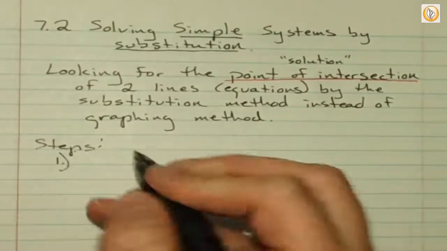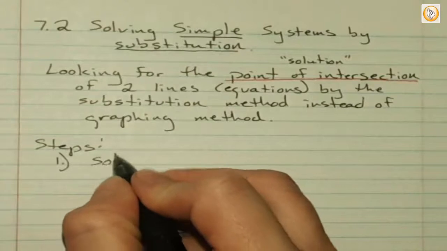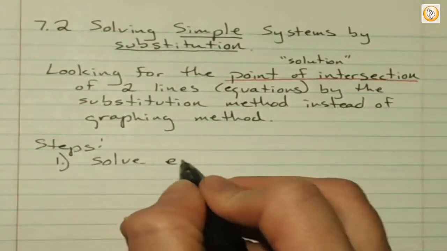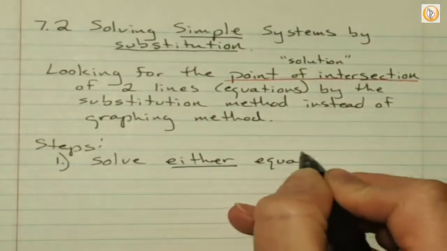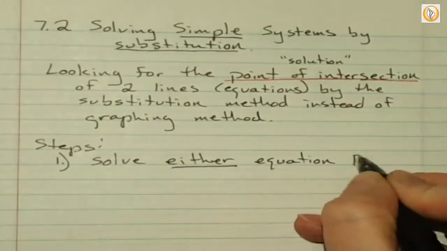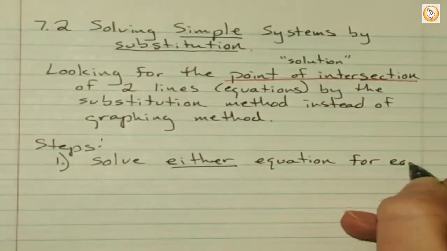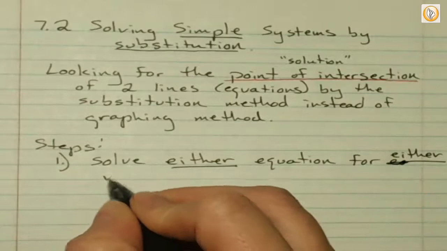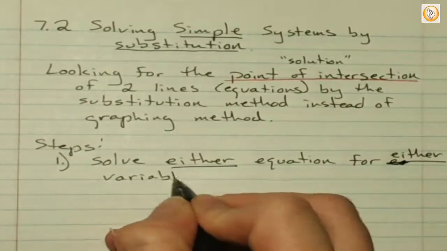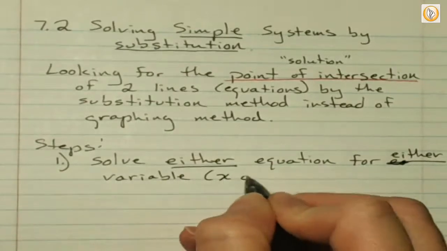So here are your steps. Write them down so that in case you forget, you can go back to them. Step 1: you're going to solve either equation for either variable, x or y.